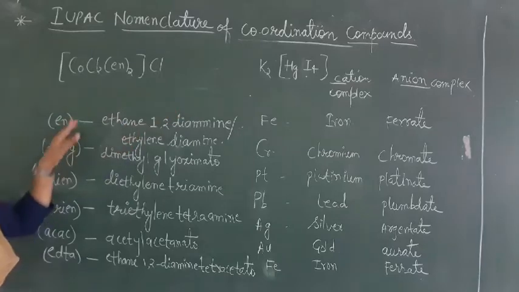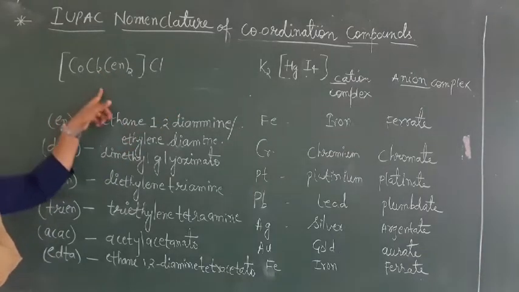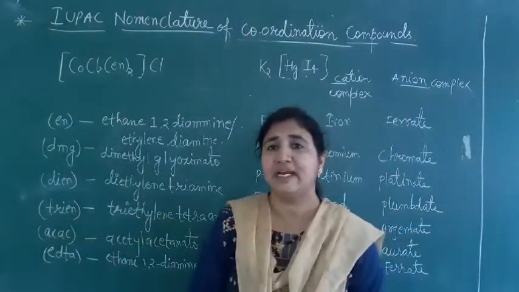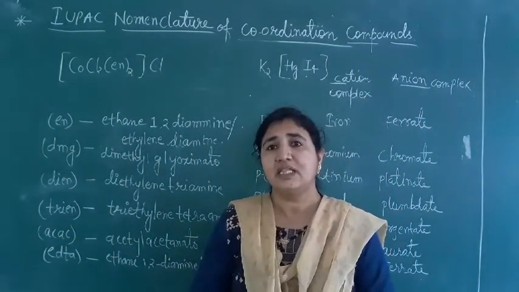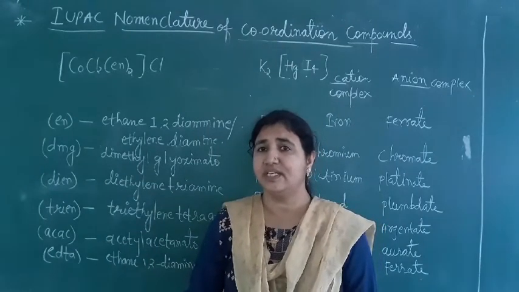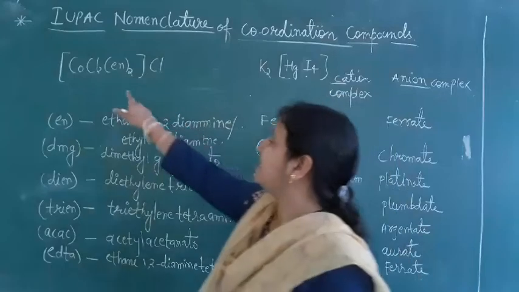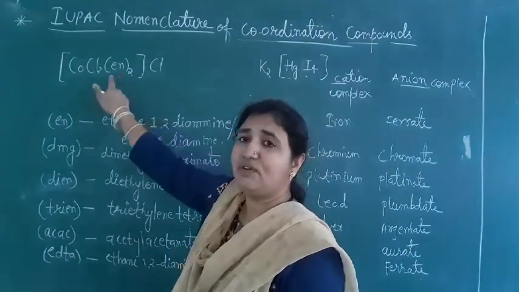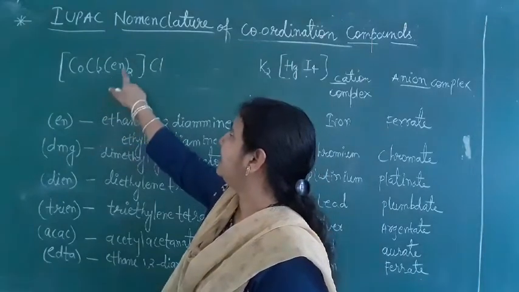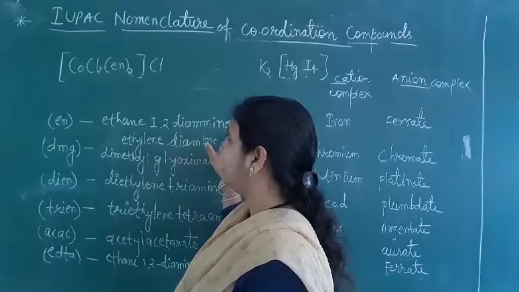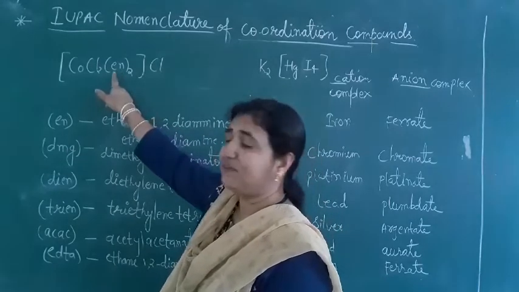If some ligands are bidentate or tridentate ligands, their names are big, so sometimes we use abbreviations for such ligands. Like here en is given; its full name is ethane-1,2-diamine.